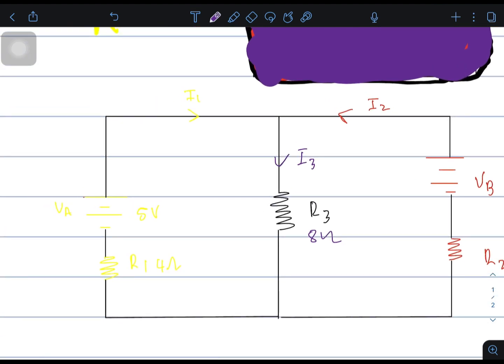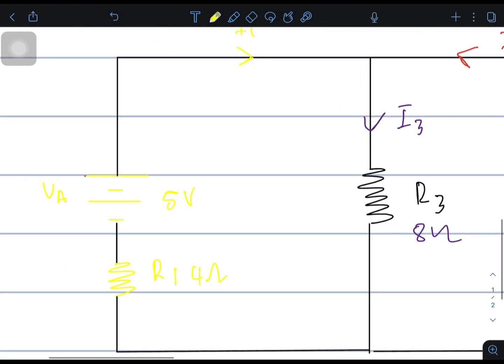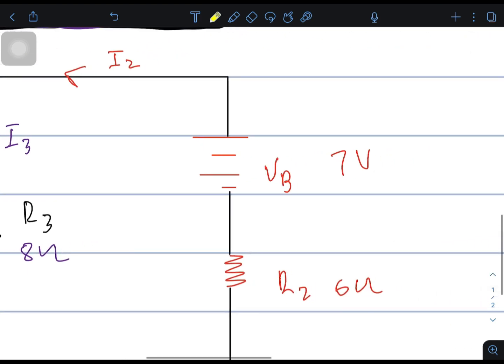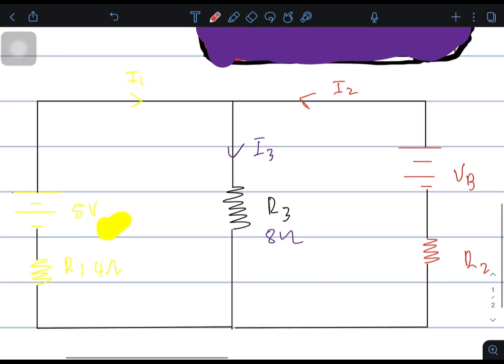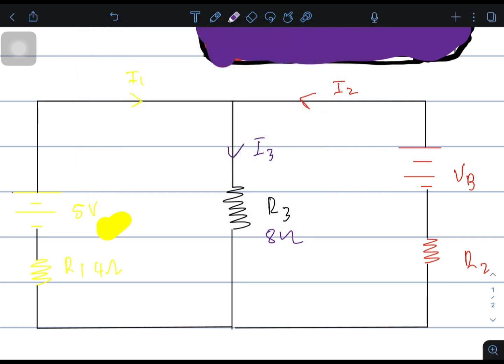You see that we have our two sources, one marked with yellow and the second source marked with red. Both these sources are contributing to make a resultant current in this branch.